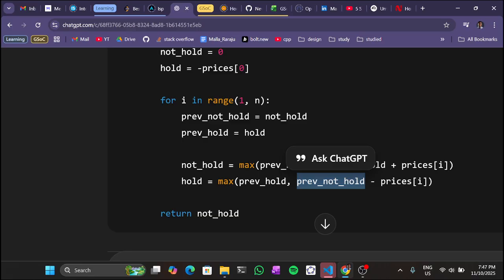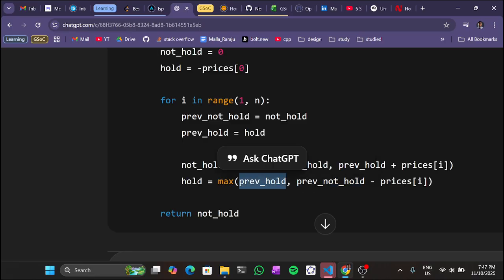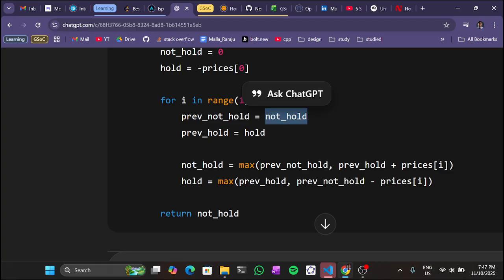Obviously, we'll have the previous hold value. That means we are not selling immediately. And we'll update previous not hold.